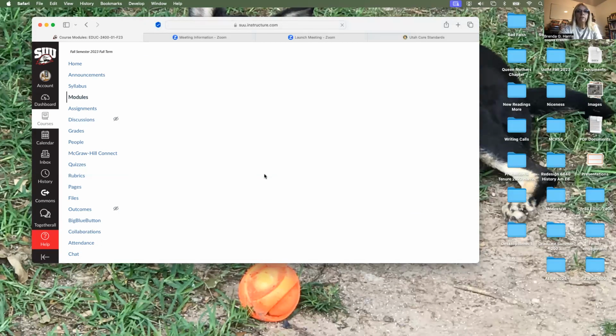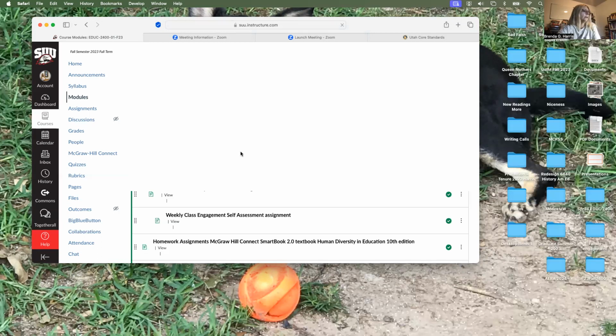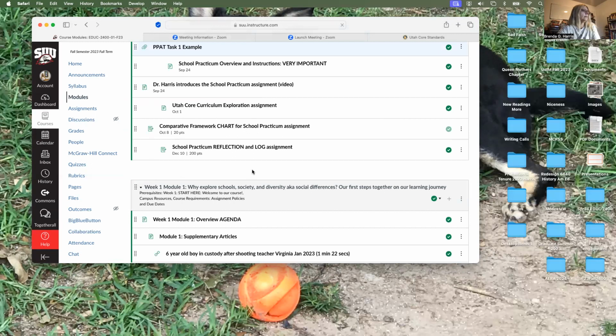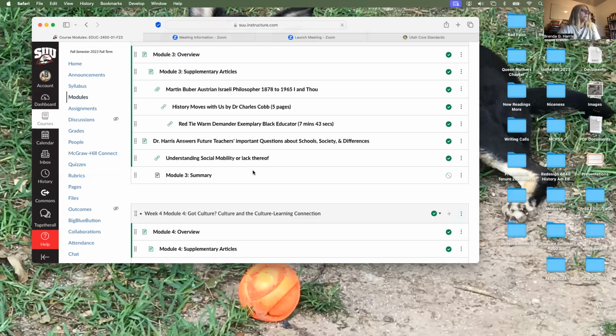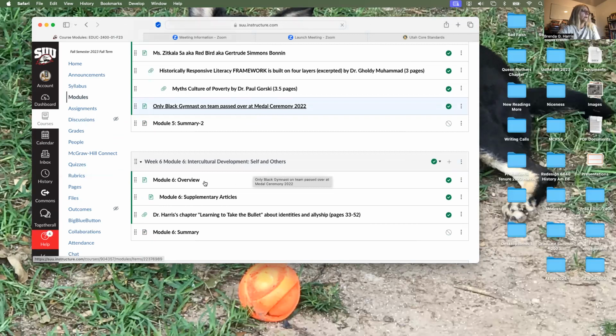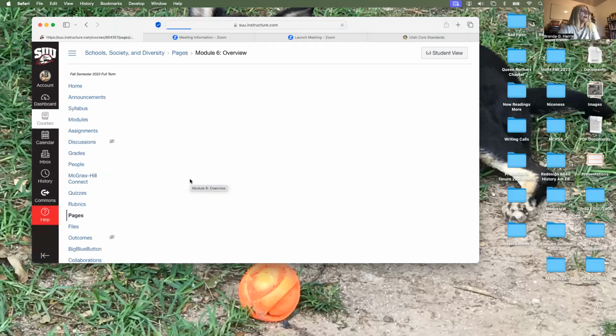So if you look at the instructions for the assignment, it tells you that the video is located in module 6. Okay, so I'm seeing module 1, module 4. Here we go. Here's module 6. Let me click overview here and wait for that to come up.